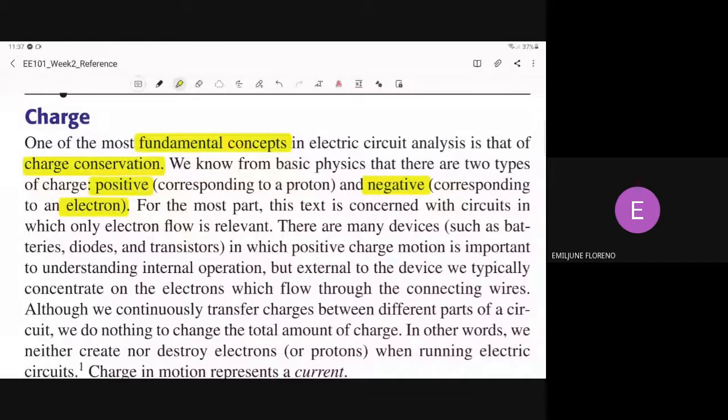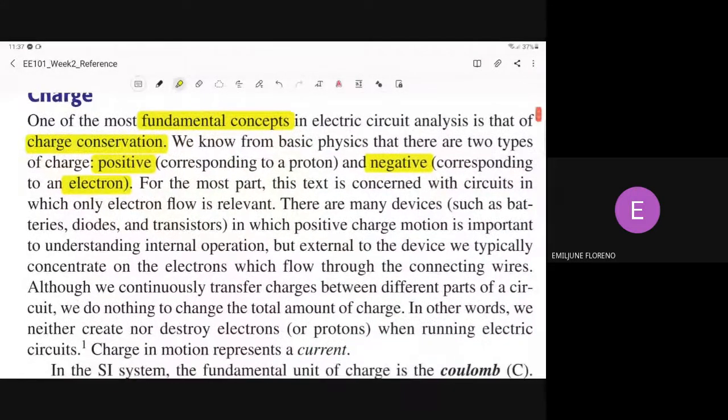But since we are dealing with electricity, most of the time we are referring to the movements of unsa man, proton or electron? Electron. So we will be dealing with the movements of electron.